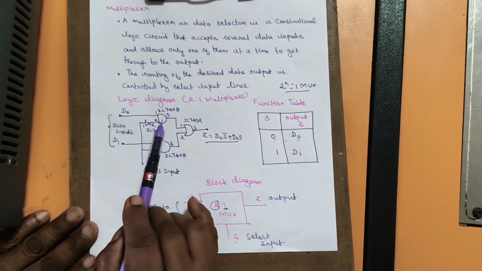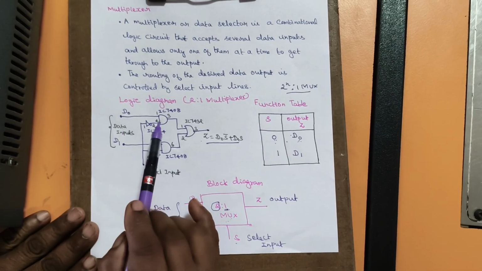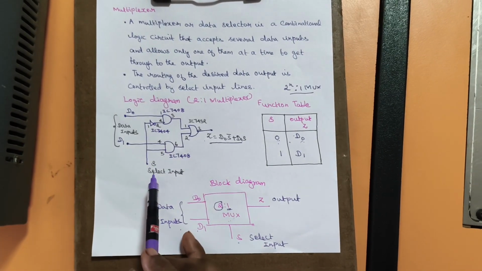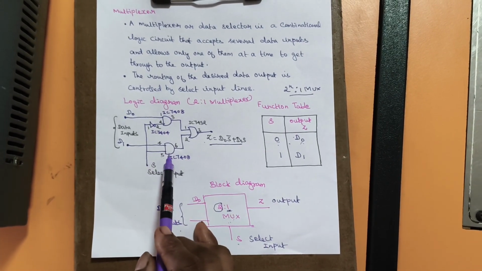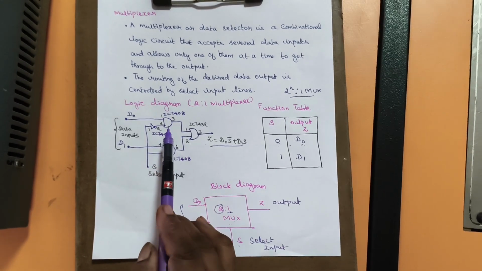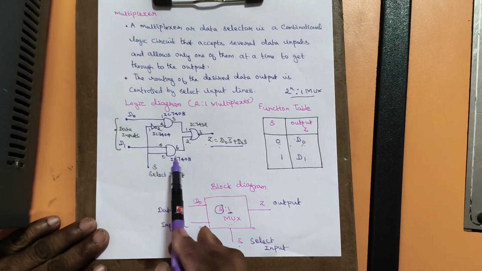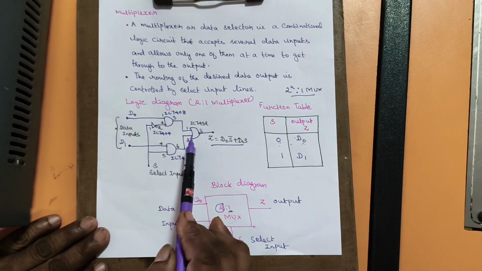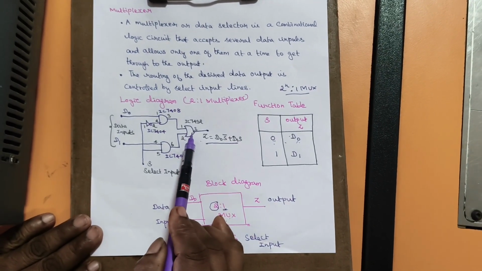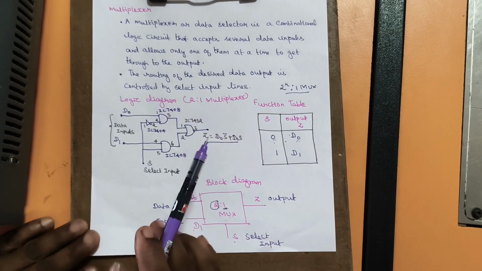D0 is connected to the first input of the first AND gate and D1 is connected to the second AND gate, and the select input is directly connected to one of the AND gates and inverted and connected to the other AND gate. The outputs of the two AND gates are connected to the OR gate, and finally the output of the multiplexer is taken from the output of the OR gate.